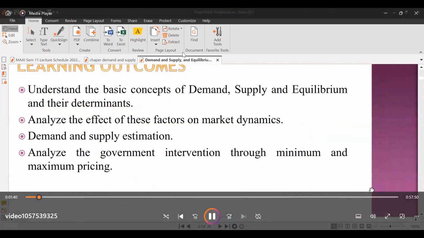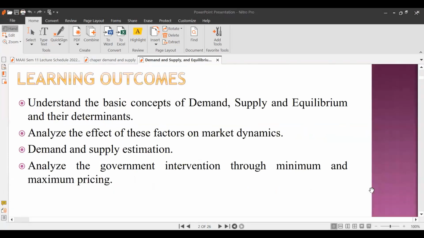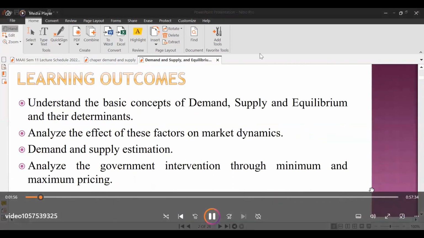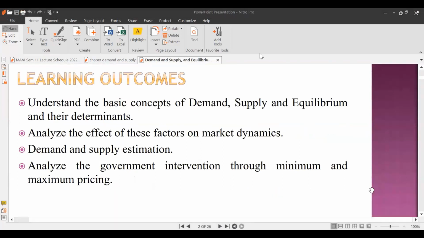The basic learning outcomes of today's session: I want to introduce you to the basic concepts of demand, supply, and equilibrium with their determinants. So what are the factors affecting demand, and what are the factors affecting supply and equilibrium.